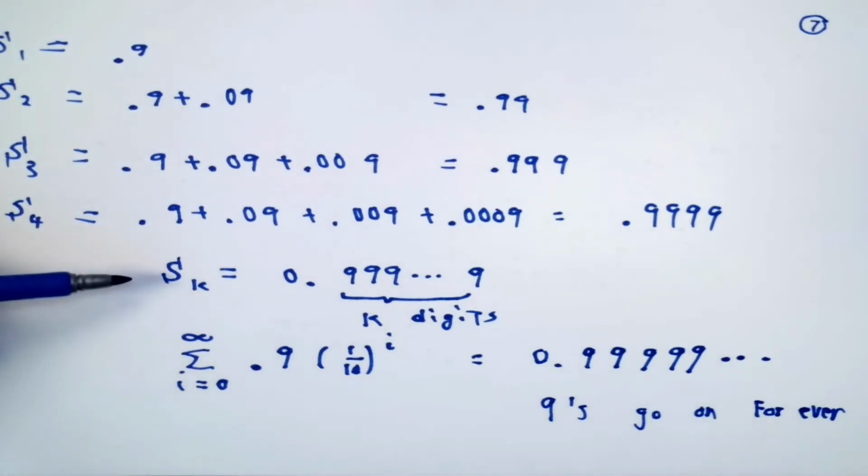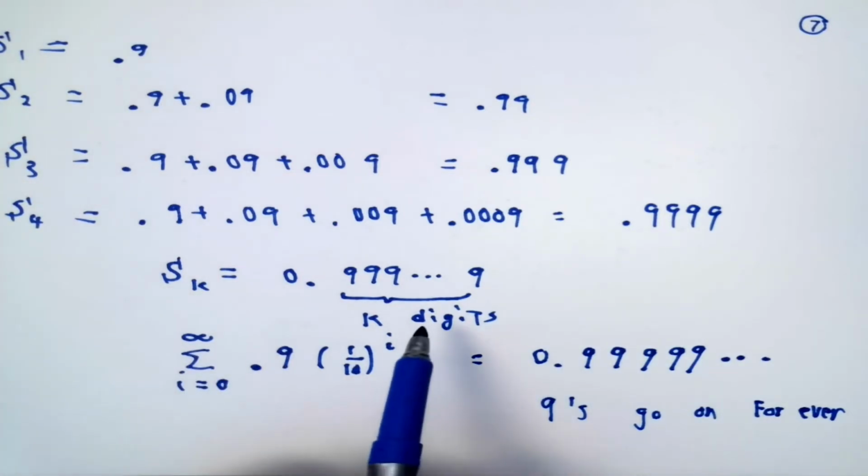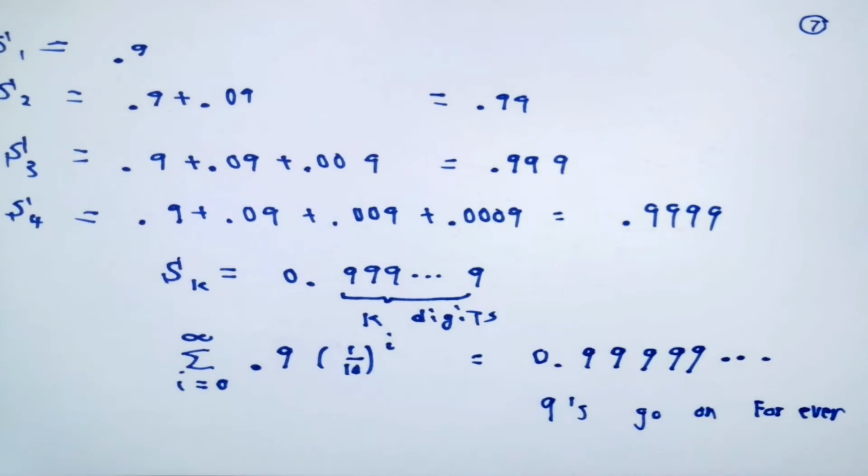In partial sum number k, I have k nines after the decimal point. If I allow k to tend to infinity, that means I have an infinite number of nines after the decimal point. I could have just written this as 0.9 with a little bar above the 9, indicating that it repeats forever.